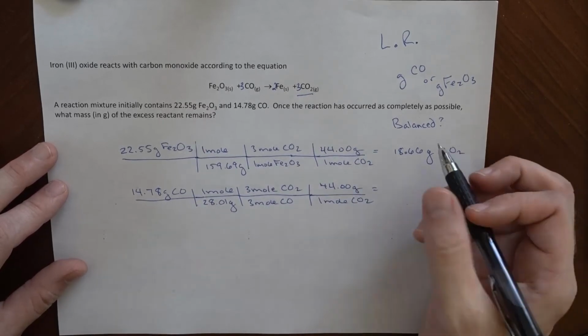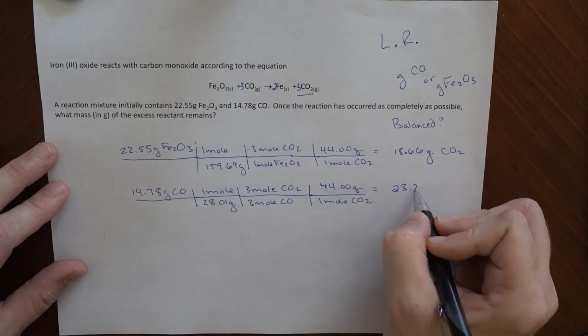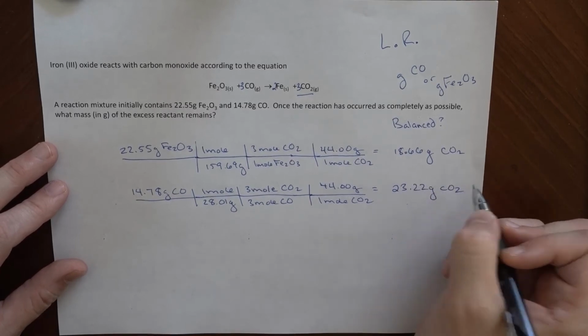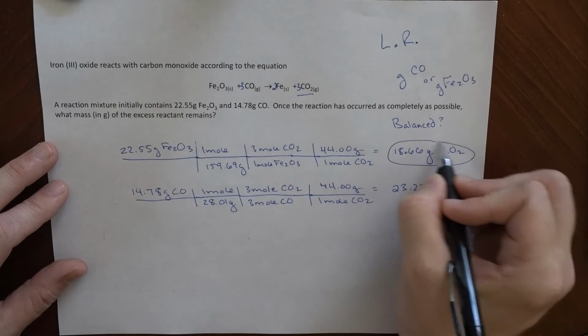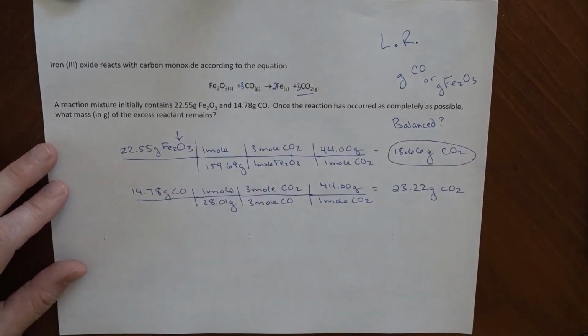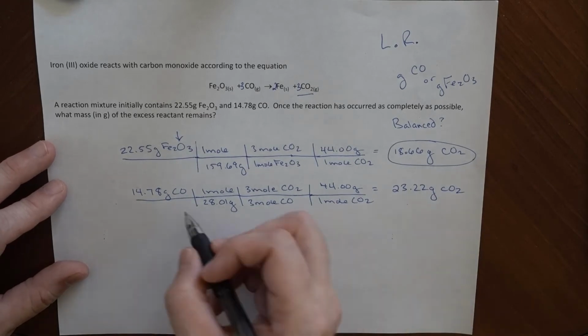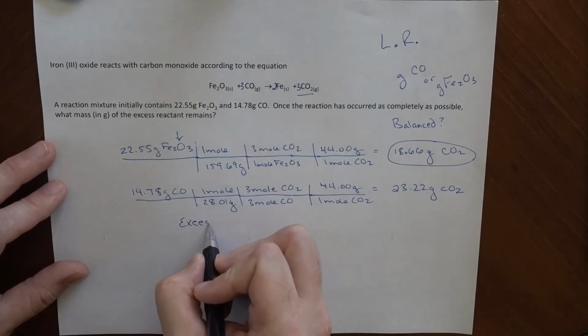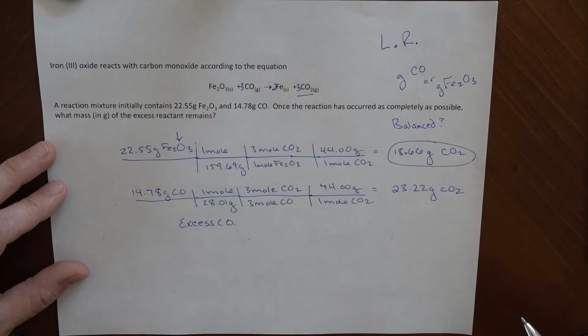And when I run this through my calculator, I get 23.22 grams of CO2. So what that tells me is that my limiting reagent is iron 3 oxide. This is the one that's going to end up running out first, which means I'm going to have excess CO.